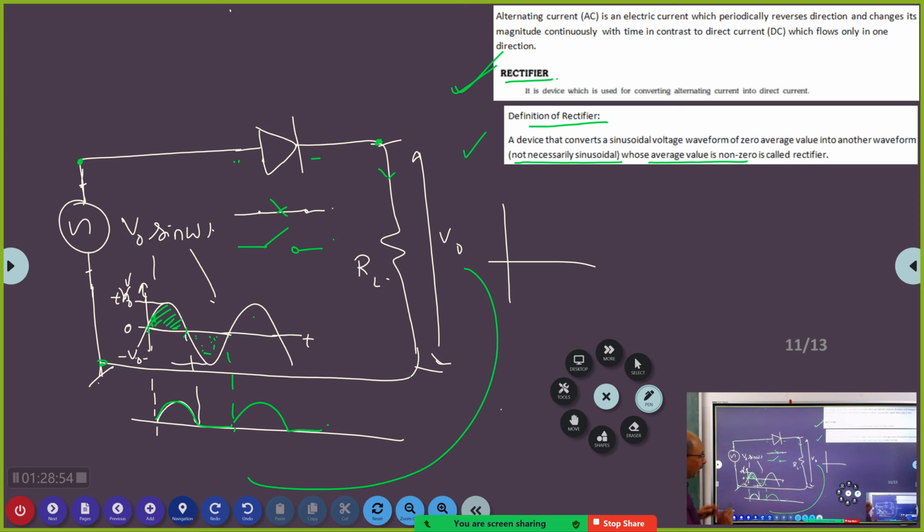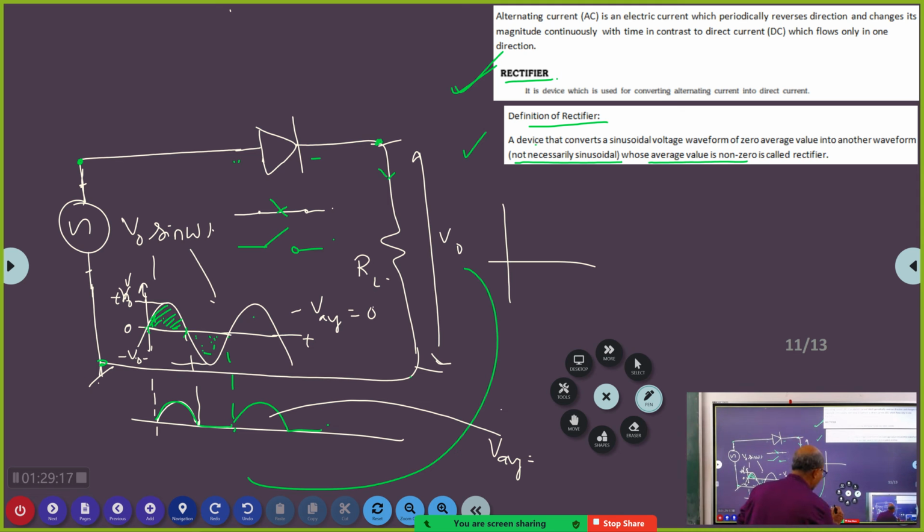It continues. Now you correlate it with this definition. This is a sinusoidal waveform whose average value V average is equal to 0. Now what will be the average value of this signal? You have to integrate sine omega t from 0 to pi.